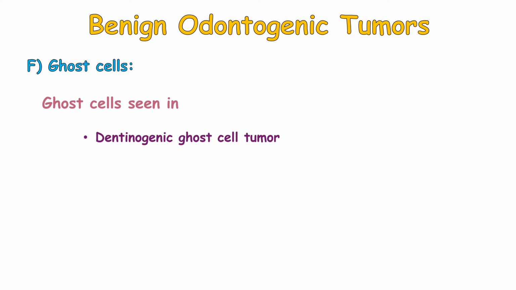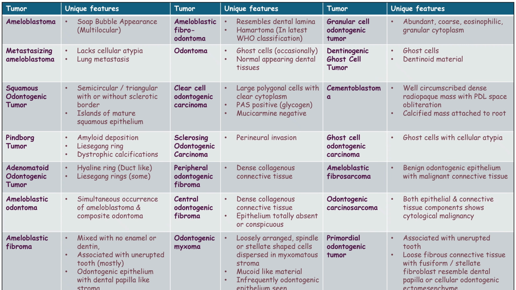It can be differentiated from other ghost cell tumors as it has dentinoid material along with the ghost cells. Next is ghost cell odontogenic carcinoma, and it also exhibits cellular atypia. And odontoma. Odontoma exhibits ghost cells occasionally. This is the unique feature for each of the benign odontogenic tumors. Remember, you have to study these to identify scenarios.